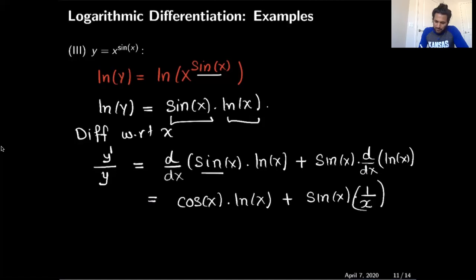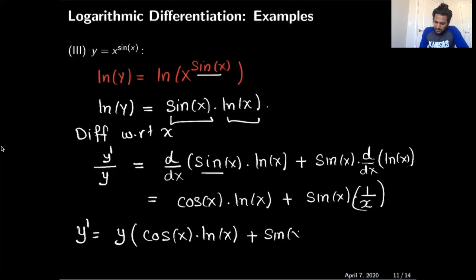Therefore, if I multiply by y on both sides, y prime will be y times cosine of x times natural log of x plus sine x divided by x. And if I substitute the value of y from here, because I would like to have all my answer in x, the final answer will be this.